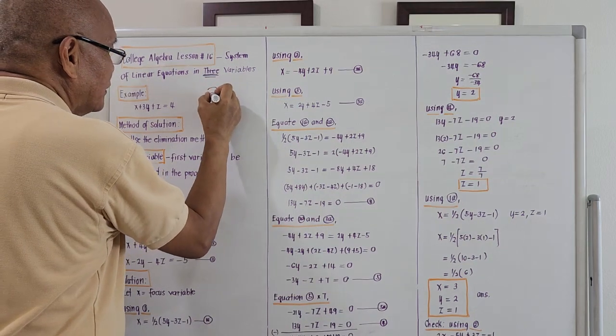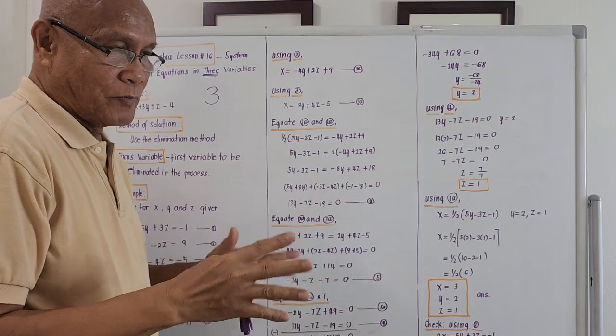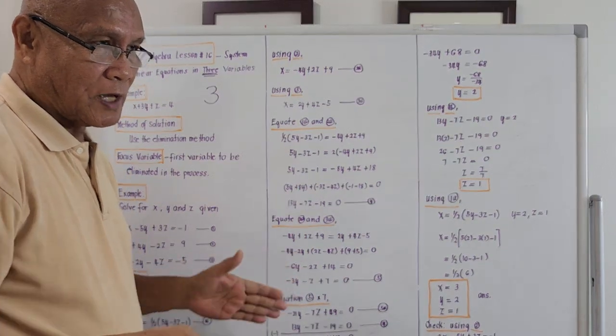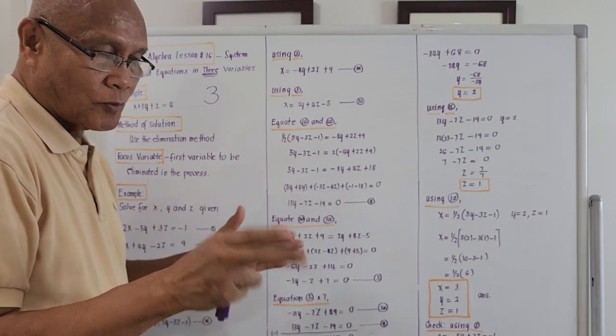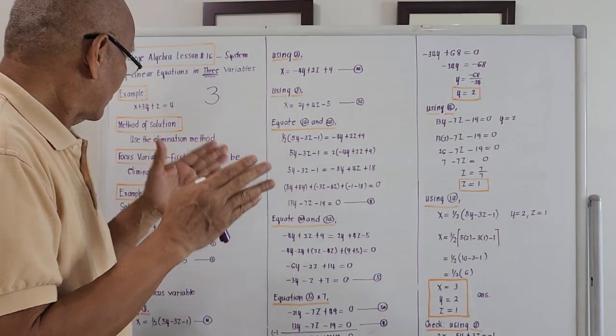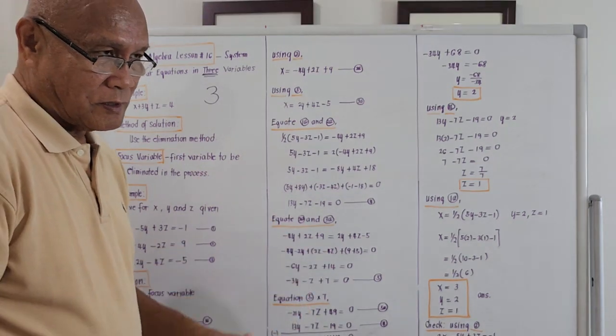Because lesson number 15 and 14 were actually systems of linear equations involving two variables. So for tonight, lesson number 16, it now involves three variables.